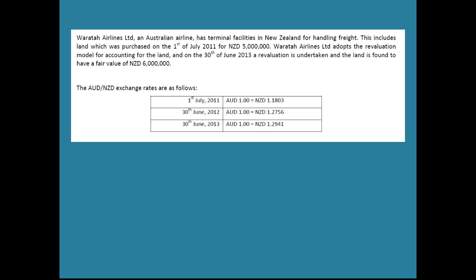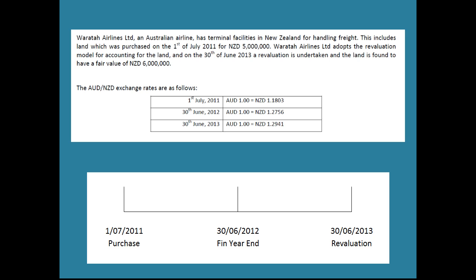So what's important here, again, timelines come into play. So this is the 1st of July 2011, 30th of June 2012, and the 30th of June 2013. This is the purchase date, and this is the reval date. But there is a point in the middle where there is no revaluation occurring. That revaluation is basically happening in New Zealand, looking at the land in New Zealand.